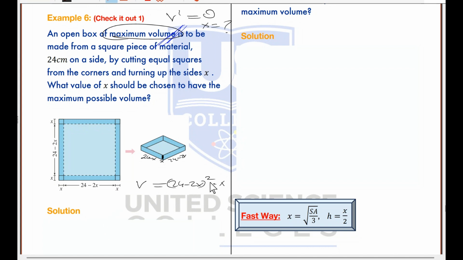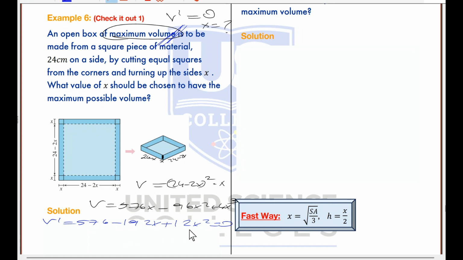So let's take the derivative. Before we take the derivative, let's simplify this equation. Volume is equal to 576x minus 96x squared plus 4x cubed, and take its derivative. V prime equals 576 minus 2 times 96, which is 192x, plus the derivative of this, 12x squared, being equal to 0.